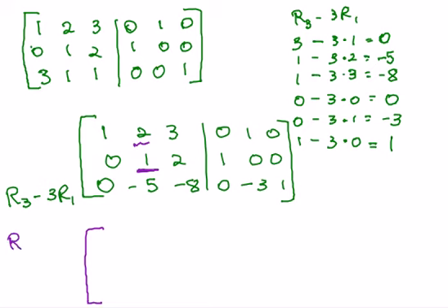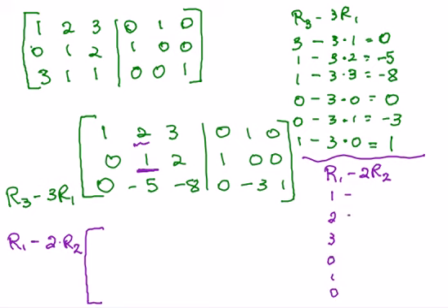So I'm going to write this as row 1 minus 2 times row 2. Now we're going to do our work over here to the side again, to keep it organized. Row 1 minus 2 times row 2, so row 1 is 1, 2, 3, 0, 1, 0.